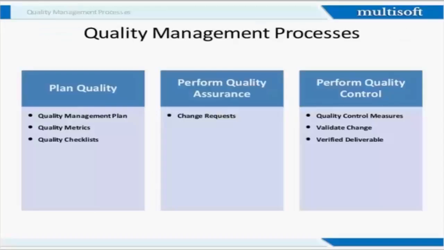Now we are talking of the three processes: quality planning, quality assurance, and quality control. In quality planning, the outputs are the quality management plan, the quality metrics, and the checklist. Whenever we are talking of quality planning, I also need to have an understanding of improvement. For improvement, I need measurement metrics.